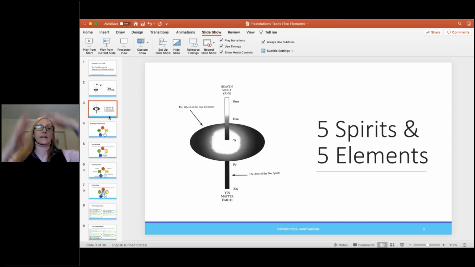When I'm in my clinic and I can't figure out the patterns, I back up into the 5 spirits and the 5 elements, because that bigger picture helps me see better. Instead of mouse vision, I get big eagle vision using the 5 spirits and the 5 elements. The 5 spirits: the shen, the hun, the yi, the po, and the zhe.